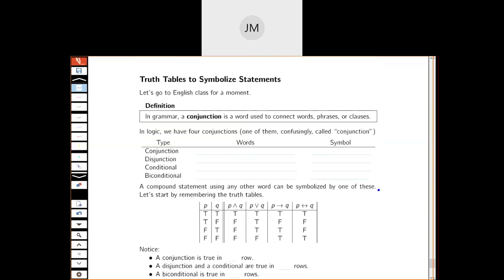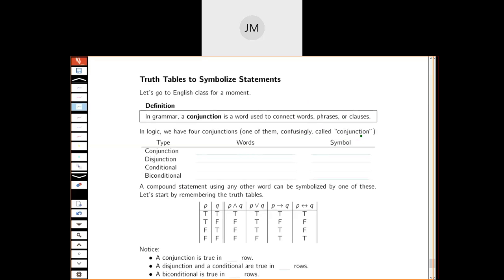The structure of logic is just like our structure for grammar, so let's be careful about things. We're going to pretend we're in English class for a minute. In grammar, a conjunction is a word that's used to connect words or phrases or clauses. In logic, we have 4 different things for connecting statements together, but only one of them is actually called a conjunction.